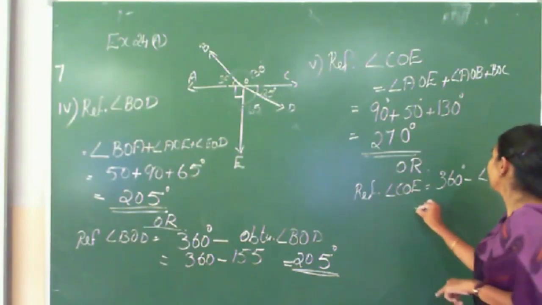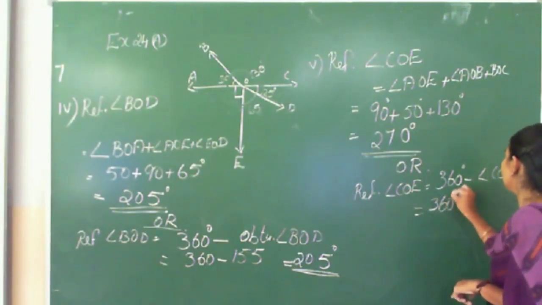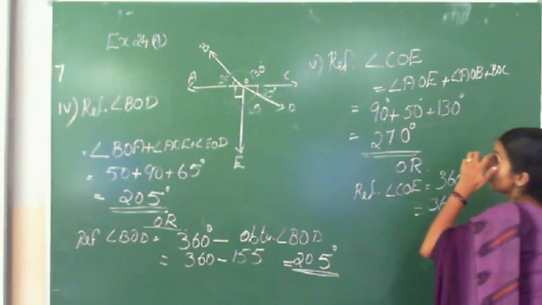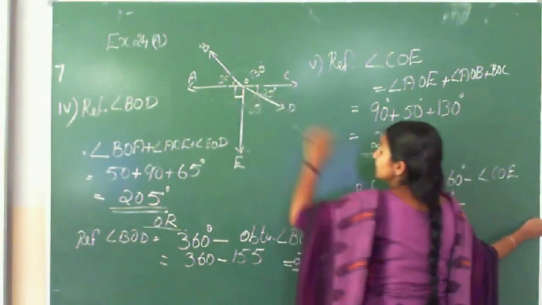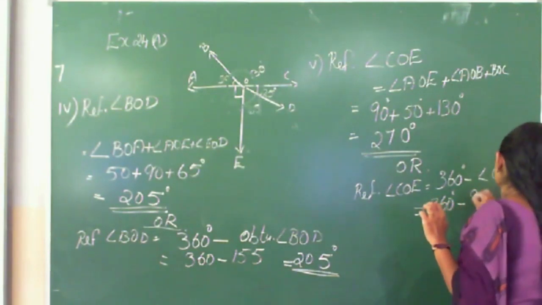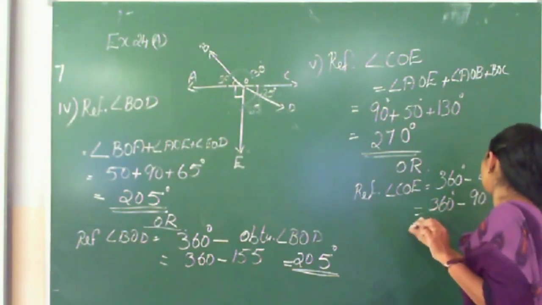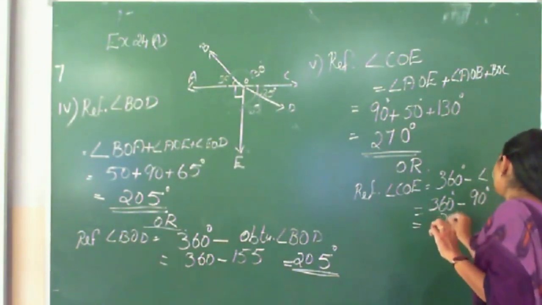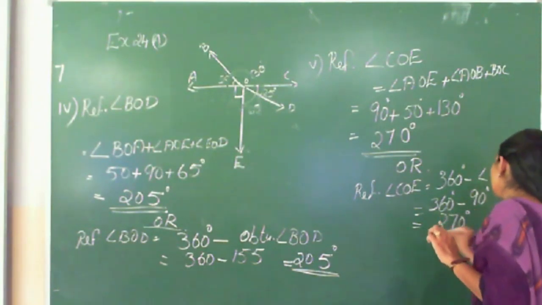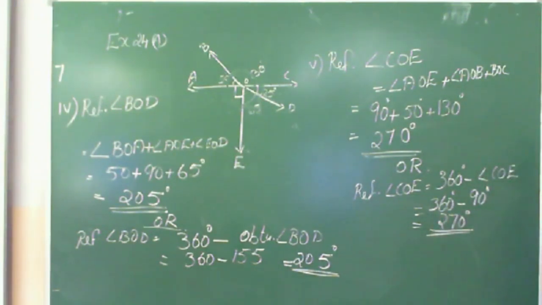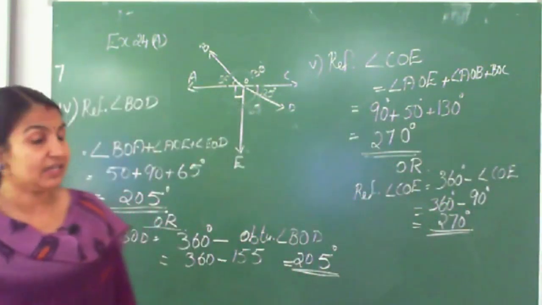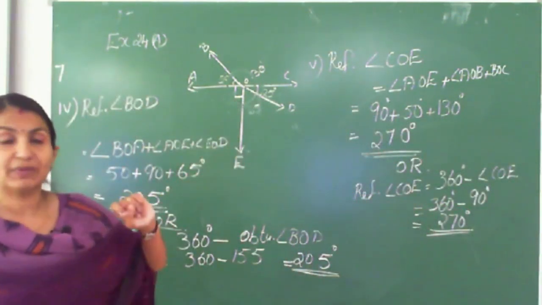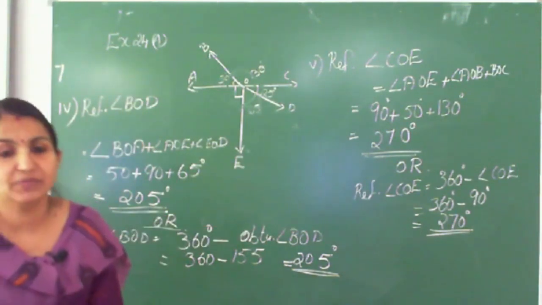COE. 360 degree minus COE. COE means this half, that is 90 degree, which is equal to 270 degree. I hope this one is clear to you. So the 7th question, 5 subtitles, all these things we completed.